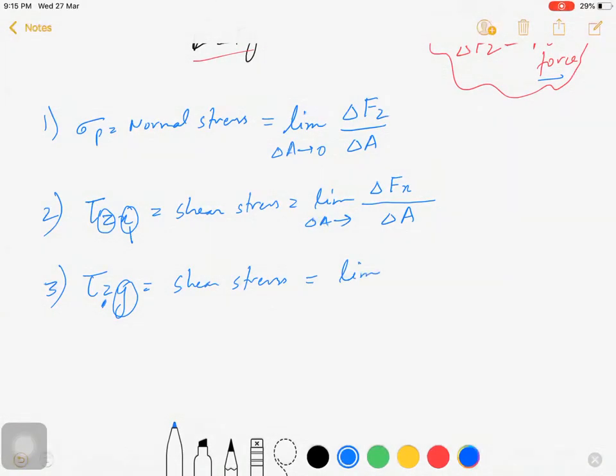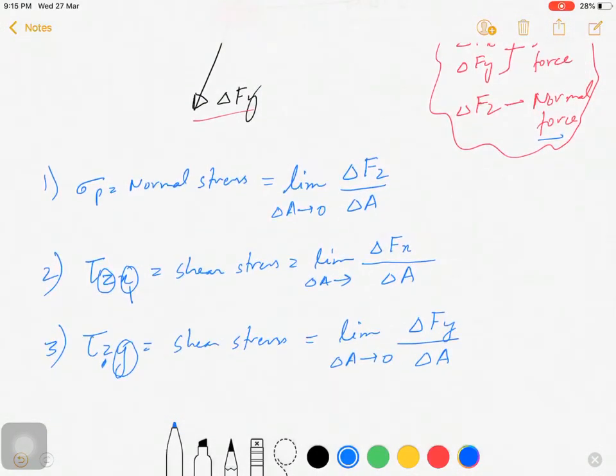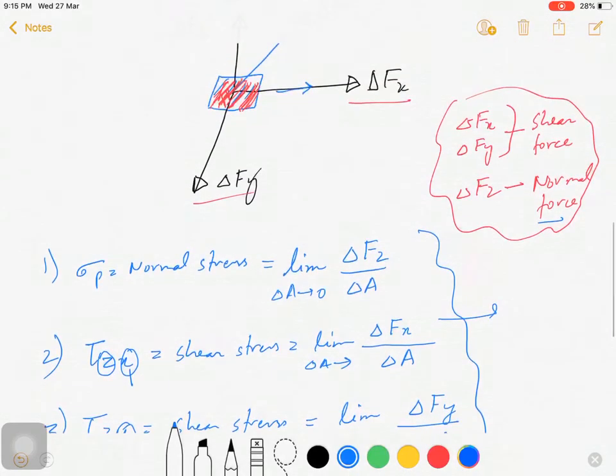This would be the limit as delta A tends to 0 of delta Fy divided by delta A. So these three are the generalized stresses inside a body produced due to these resisting forces.